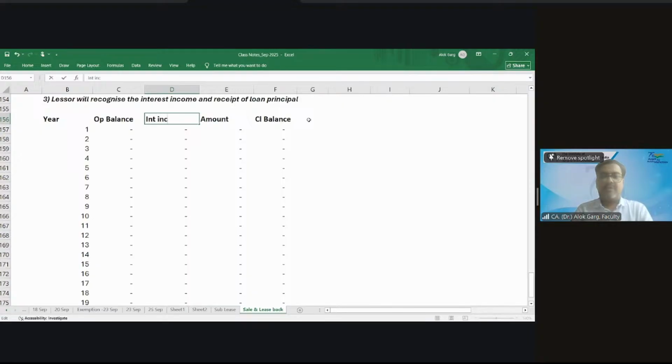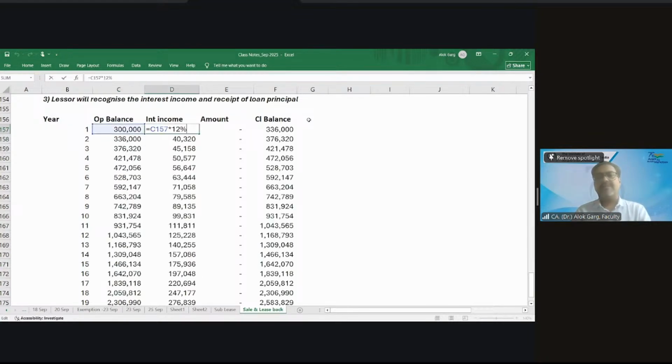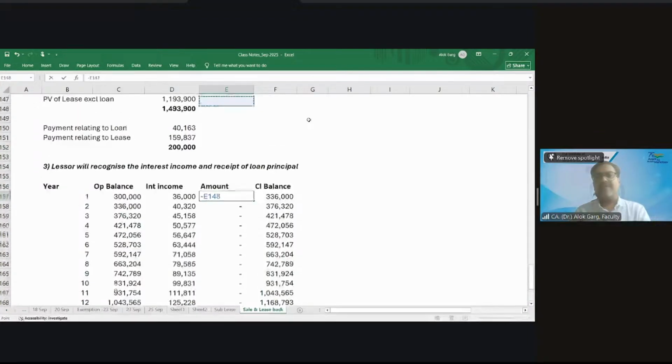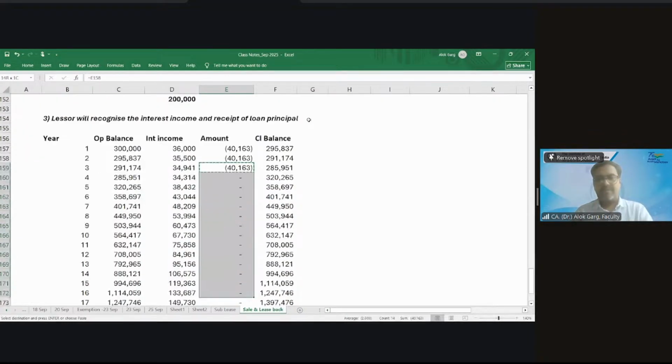Because you are recovering interest and you are also recovering principal. So what is the opening balance of the loan? 3 lakh. 12% income. What is my amount received? 2 lakh every year. 4163. Yes or no? Yes, sir.